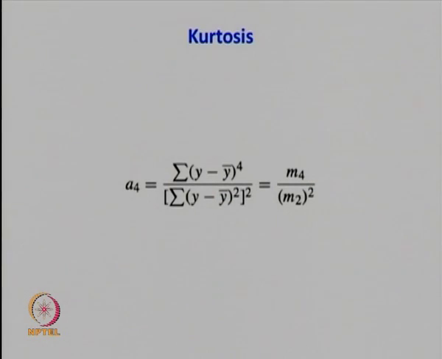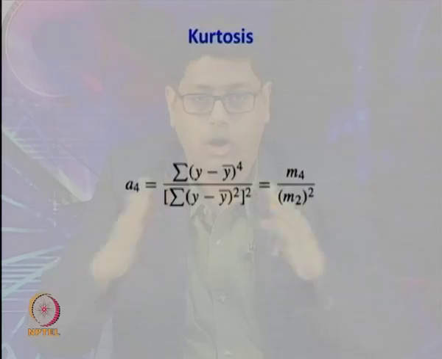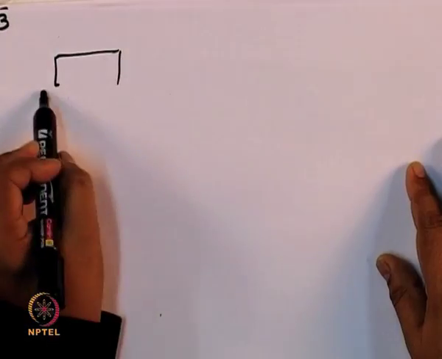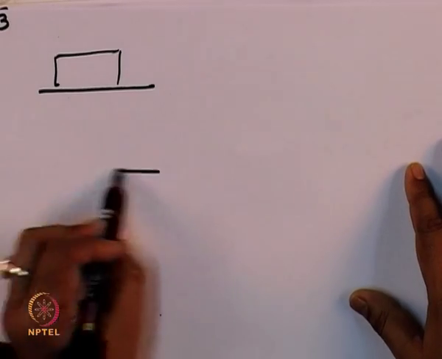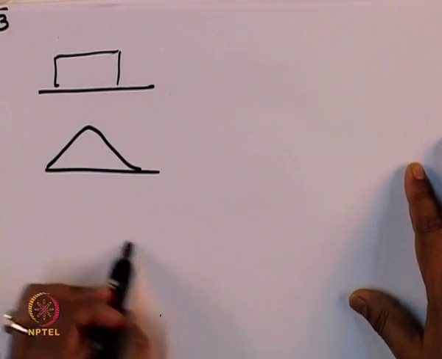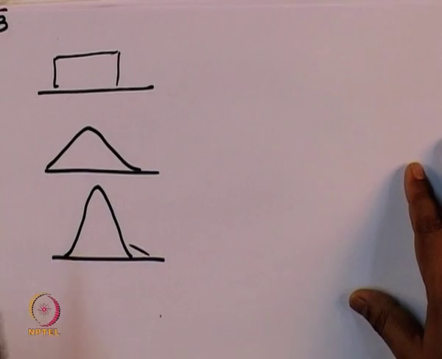There is another metric of characterizing a distribution which we call kurtosis. The kurtosis is a way of measuring the peakedness of a curve, or how flat or how sharp the curve is. So, I can have two curves, let us say this is one situation, this is another situation, this is another situation.